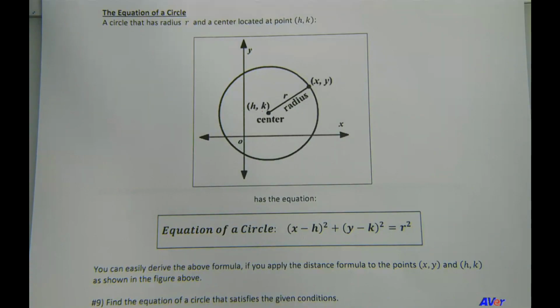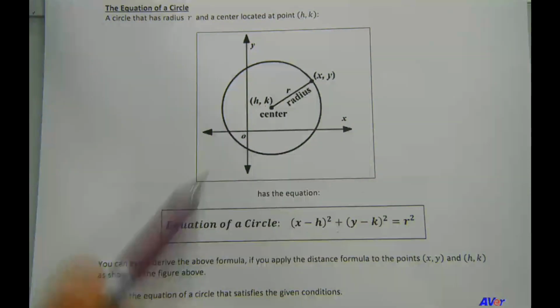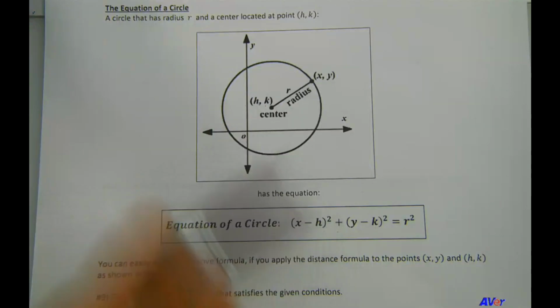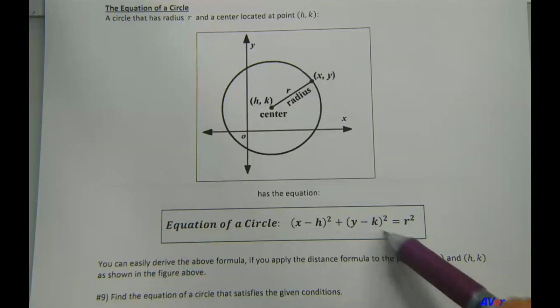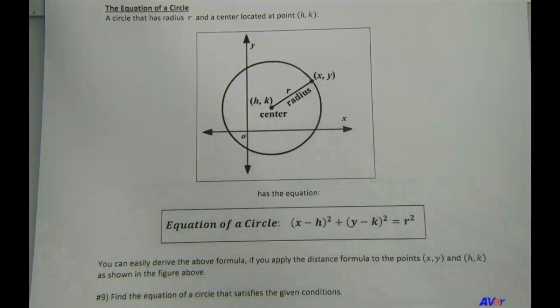So not only should you memorize this formula, but also what I'm asking you to do is connect this graph with this. This symbolic form is related to this geometric form. Make that connection. That's what I need you to do.